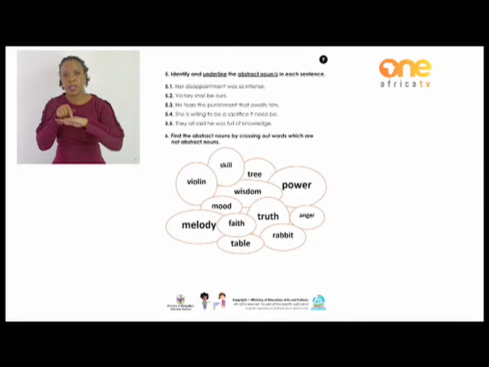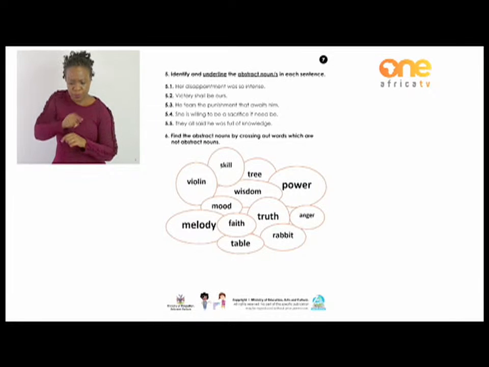The next one is activity 6, which says, find the abstract nouns by crossing out words which are not abstract nouns. Make sure you take note of the instruction there. What you are going to cross out are words which are not abstract nouns and leave the abstract nouns alone.